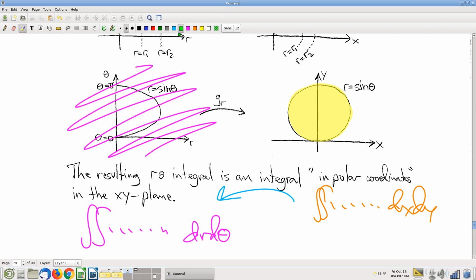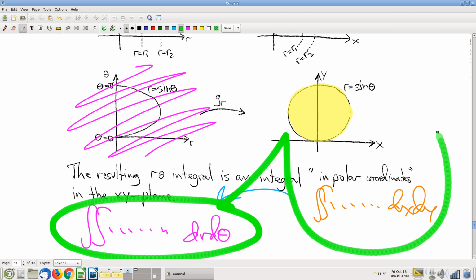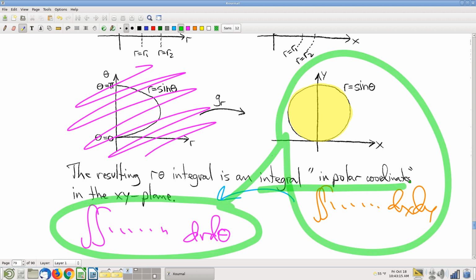A little bit of language to be aware of. We call doing this integral in polar coordinates. It's a little bit of an abuse, but even though we're actually doing an integral on a different domain, honestly, we're going to call it, slang, for convenient purposes, an integral over this yellow domain in polar coordinates.